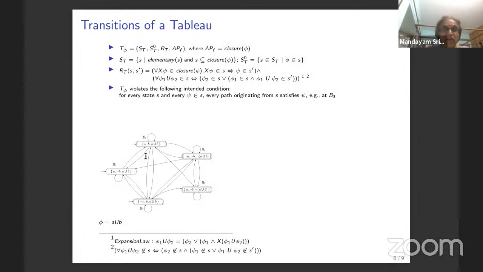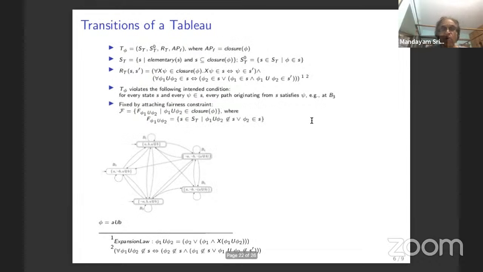So T5 violates the intended condition that for every state S, every psi, every path originating from S has to satisfy it, because a certain liveness condition is not preserved. Therefore, this is fixed by attaching a fairness constraint.